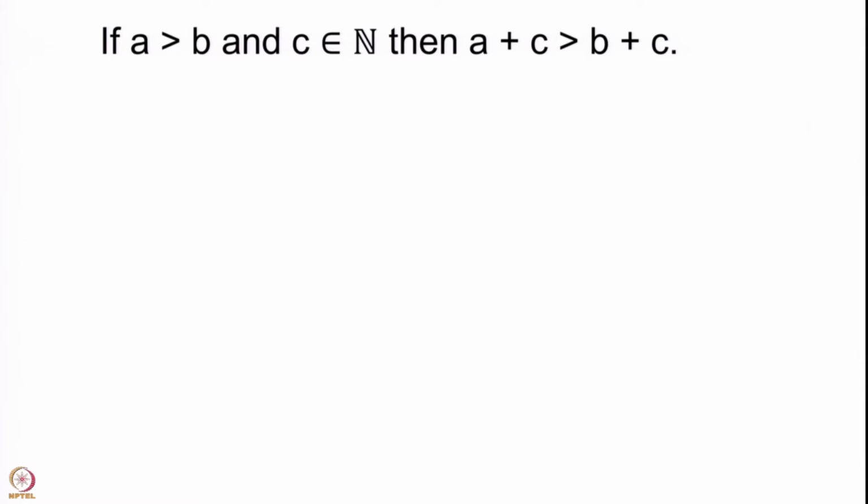What I want you to do is to think about the definition of order that we have learnt until now, the properties of natural numbers that we have seen until now, and come up with a proof. The slide will be there in front of you for a minute. We will see a proof later, but perhaps your proof might be different. If it is different, please write to me and let me know your proof. So, we wait here for a minute.